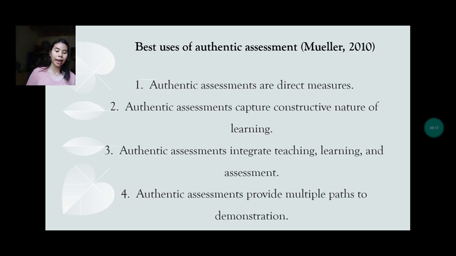By carefully identifying the criteria of good performance on the authentic task ahead of time, the teacher can still make comparable judgments. Performance might be expressed quite differently from student to student. And those are the best uses of authentic assessment.